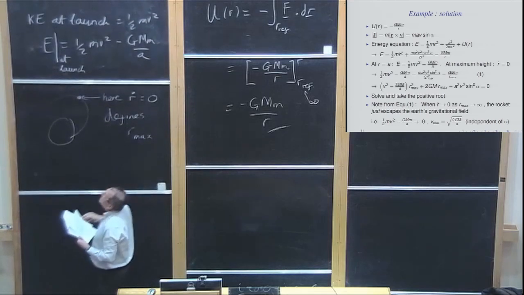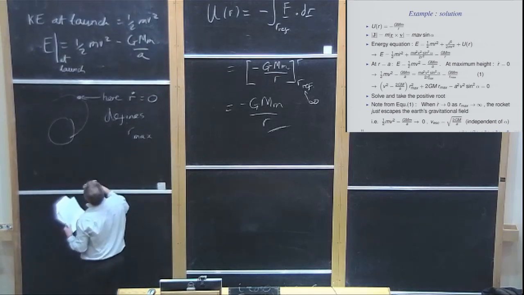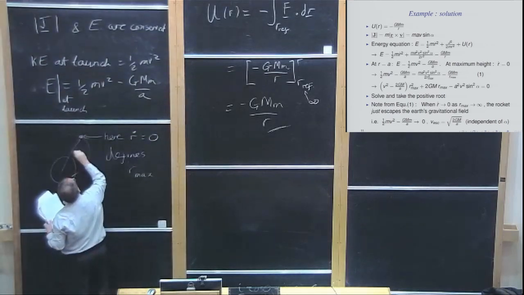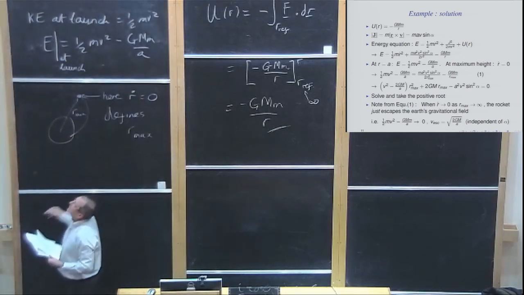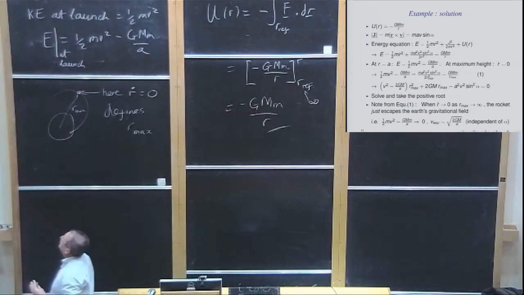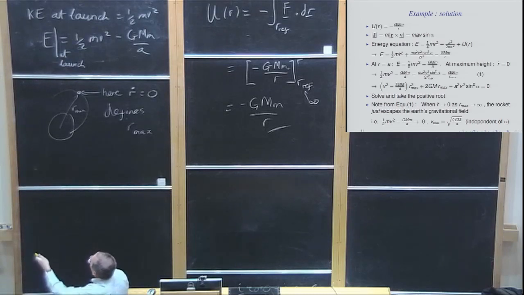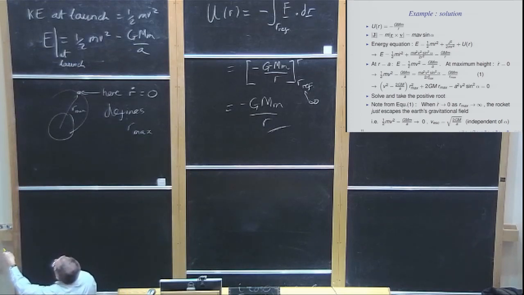When it's at its maximum radius from the Earth, it is no longer travelling away from the Earth. Its radial velocity has gone to 0, and that means we can set r dot to 0. Okay. This then gives us this expression which turns into a quadratic, which we can solve for r max.